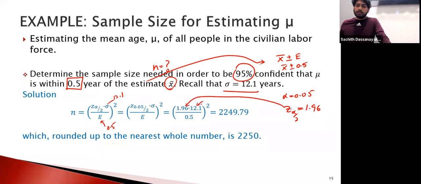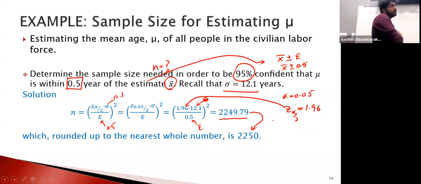This is your sigma, and this is your E squared. See, N is this much, 2249.79. So always round it up. Keep it as a whole number.